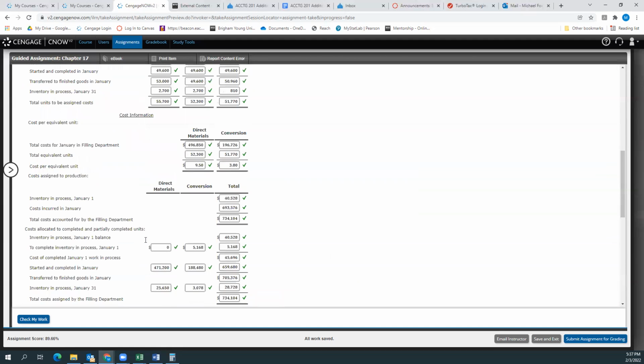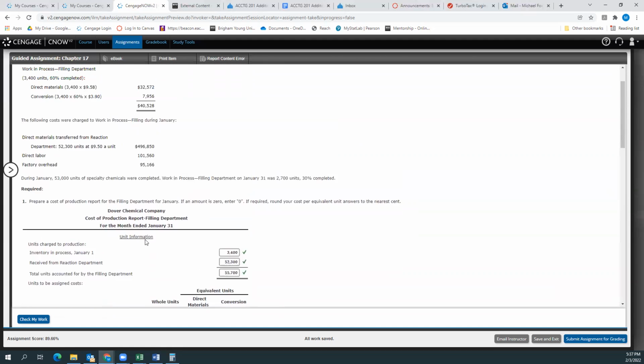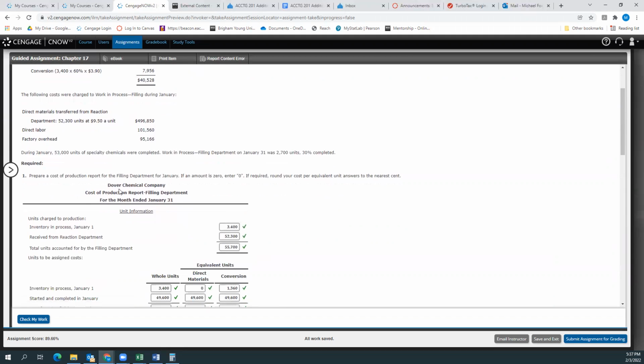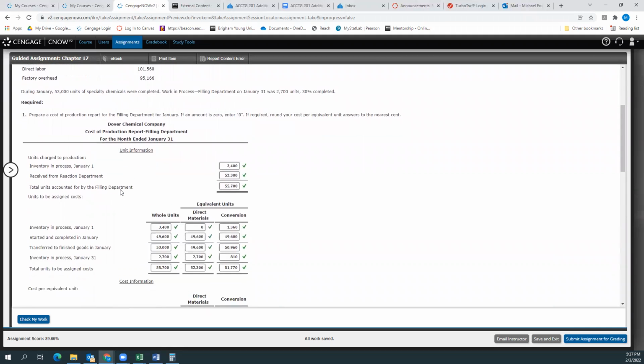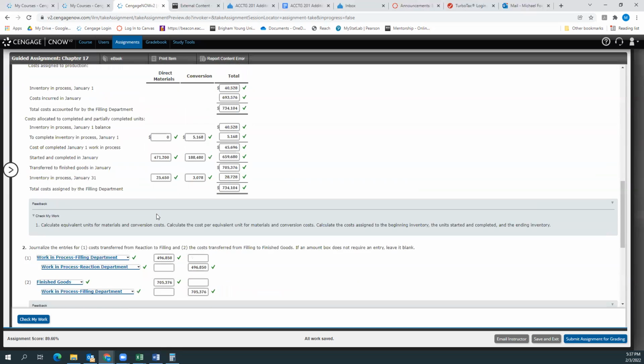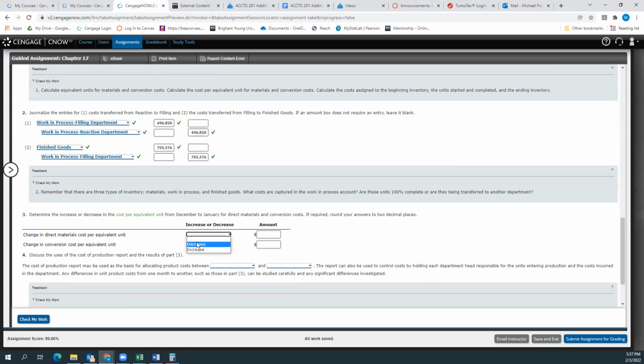So all we really have to do is come up here and see, okay, last month, direct materials cost was calculated at $9.58 per equivalent unit. And then during January, we calculated that our cost per equivalent unit for direct materials was $9.50. So that means direct materials costs had a decrease of 8 cents per equivalent unit.